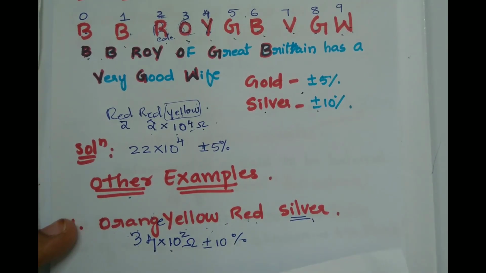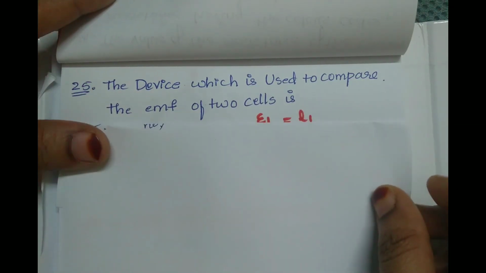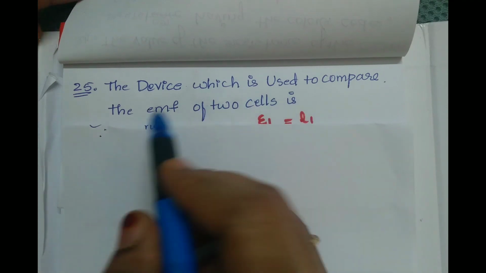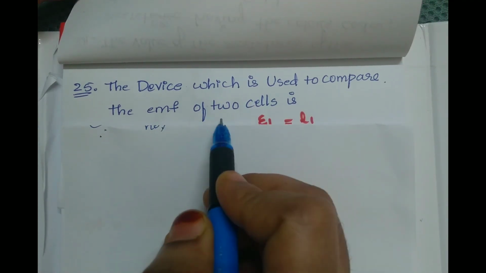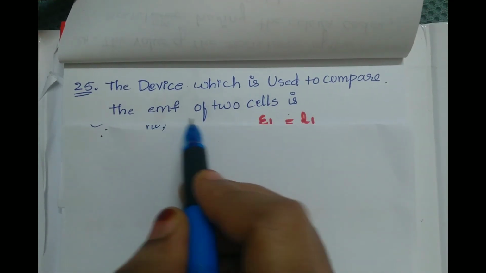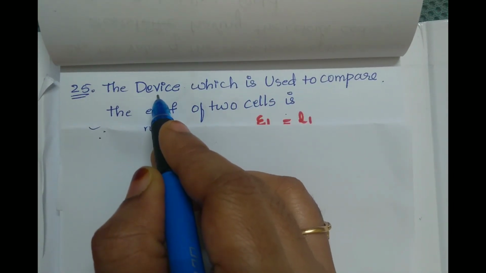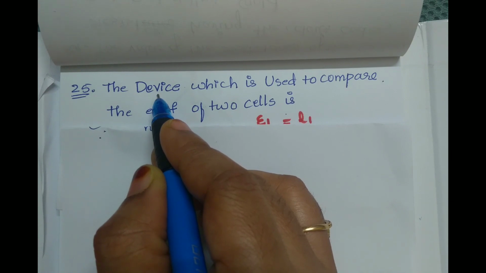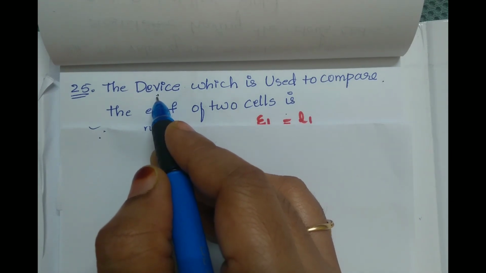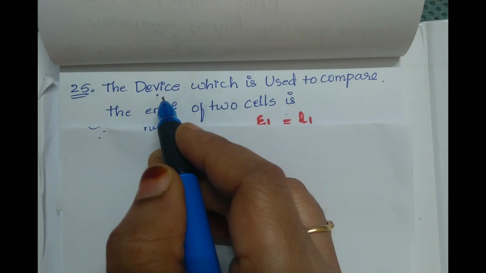Then let us consider the other example. We have a device which is used to compare the EMF of two cells, electromotive force of two cells. This is one of the properties of the potentiometer. There are two uses of the potentiometer.